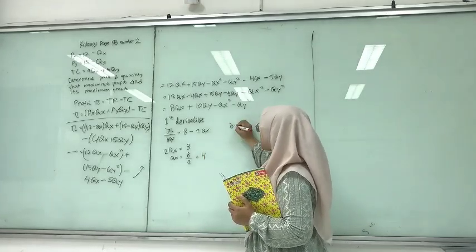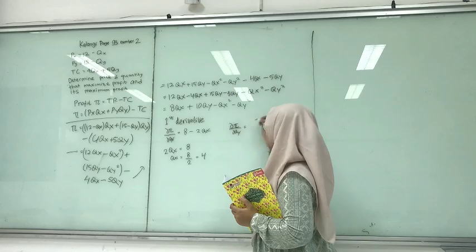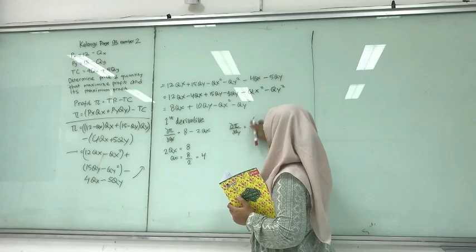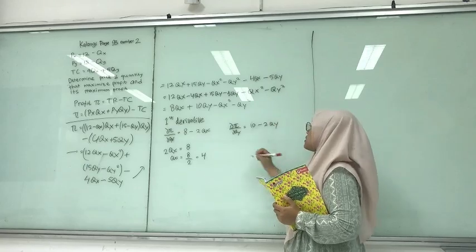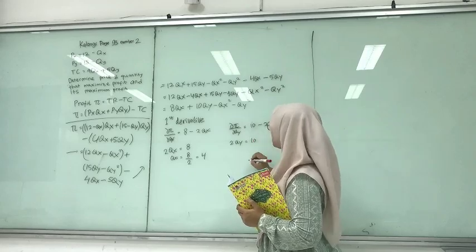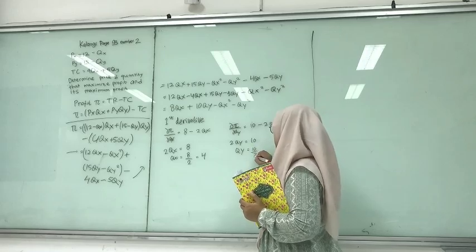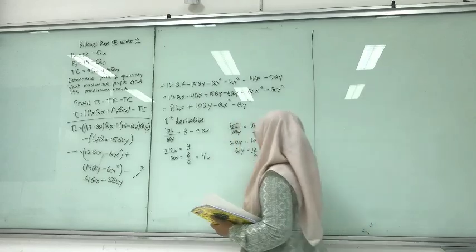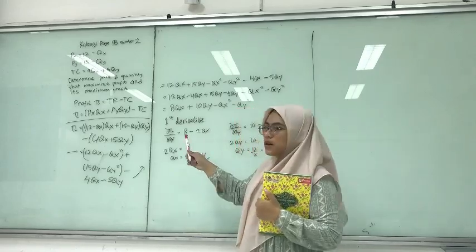Next, the first derivative with respect to Qy is 10 minus 2Qy, equal to 0, so 2Qy equals 10 and Qy is 10 divided by 2, equal to 5. Next, we are searching for Px and Py.